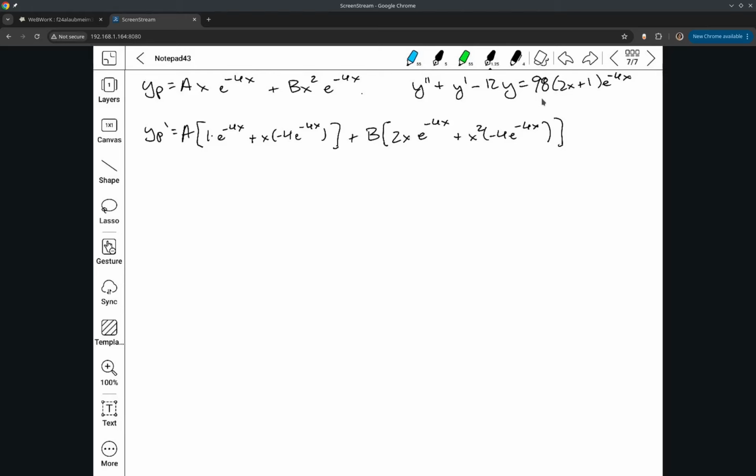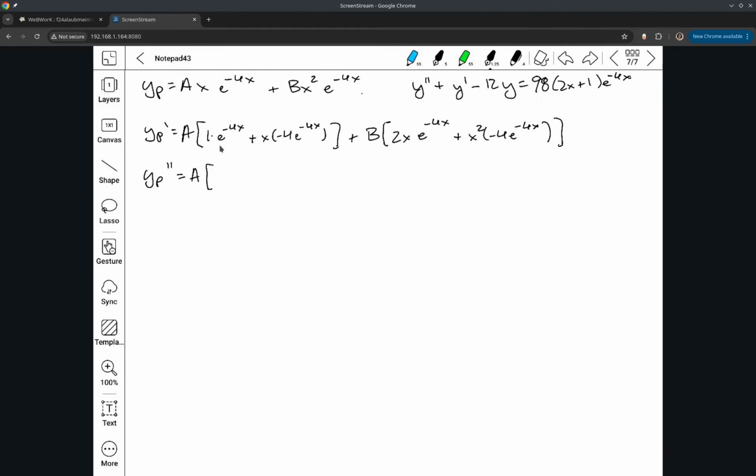I'm going to take this derivative and then I'll group like terms next line. I don't think it's going to add a whole lot for me to group them now, so I'll just hold off on it for a second.